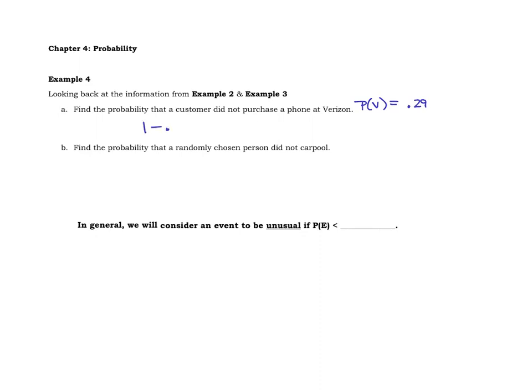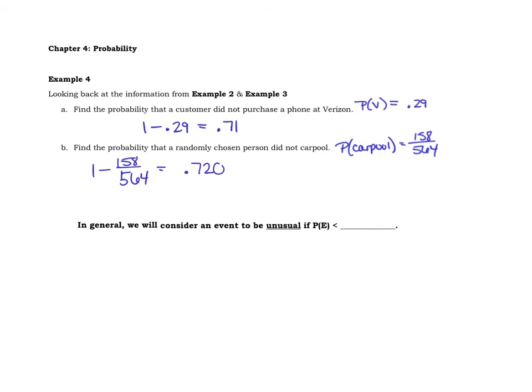So 1 minus 0.29, or 0.71, would be the probability they're not getting their phone at Verizon. For those that carpooled, there were 158 people out of the 564 that carpooled. So if you do 1 minus 158 over 564, you end up with 0.720.